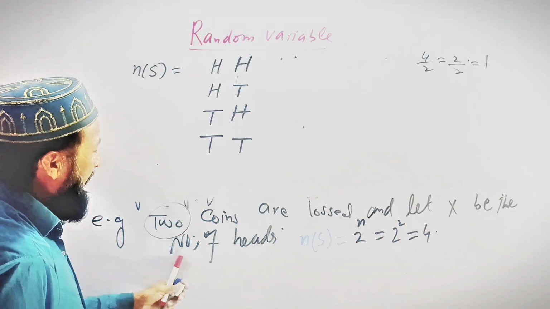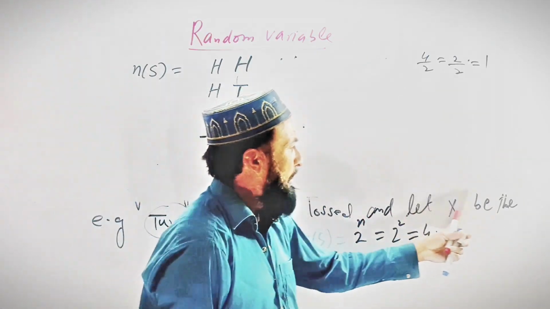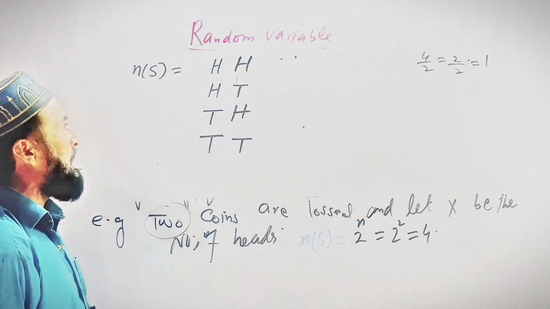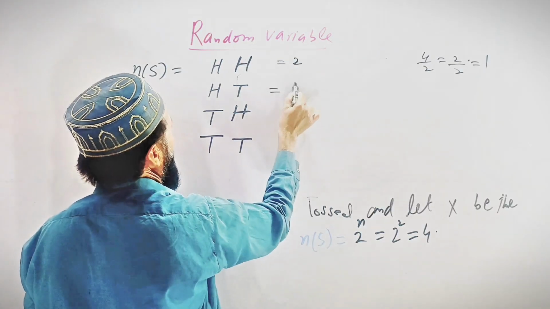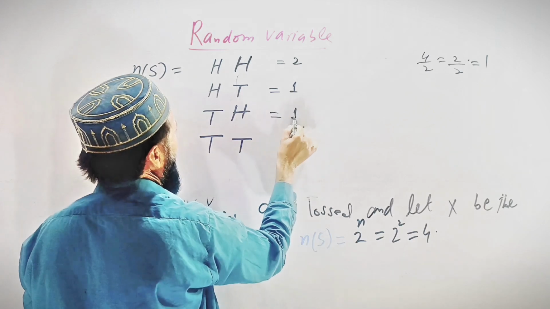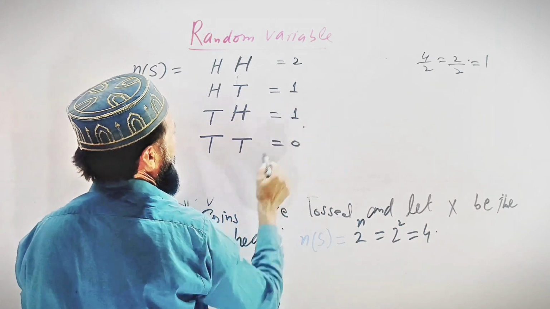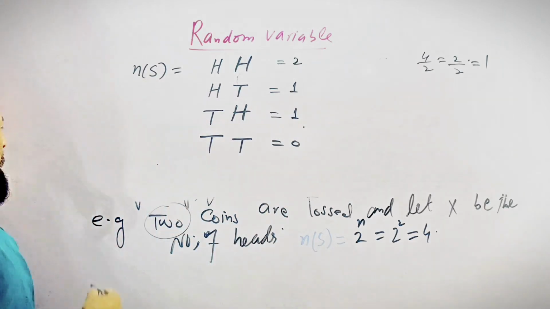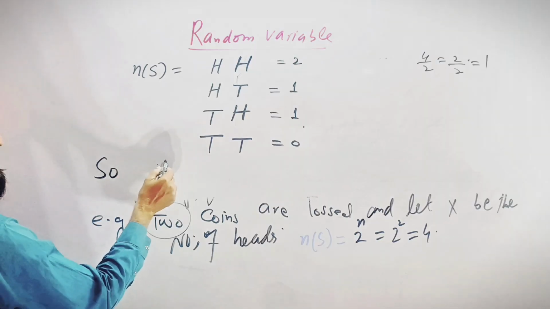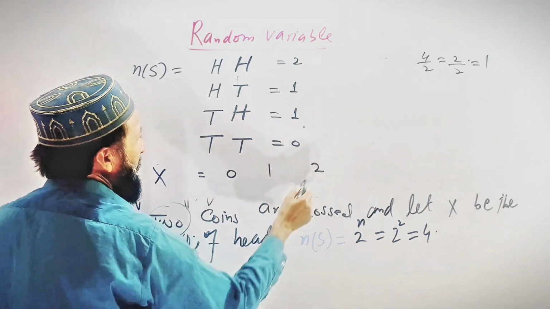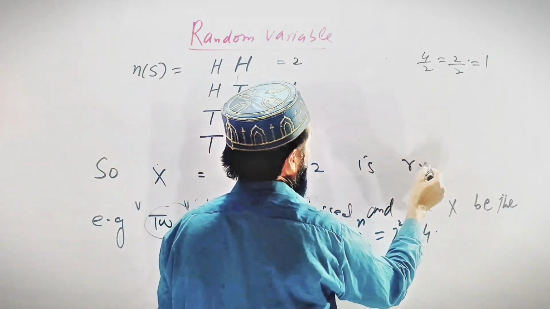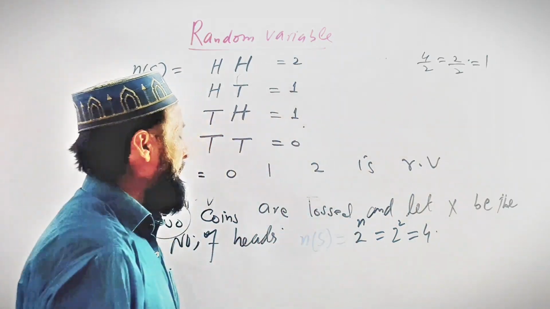Here X is the random variable, the number of heads required. Now look here, there are 2 heads, and here just 1 head, and here also just 1 head, and here 0 heads. So we can say that X is equal to 0, 1, 2 is a random variable. That is called a random variable.